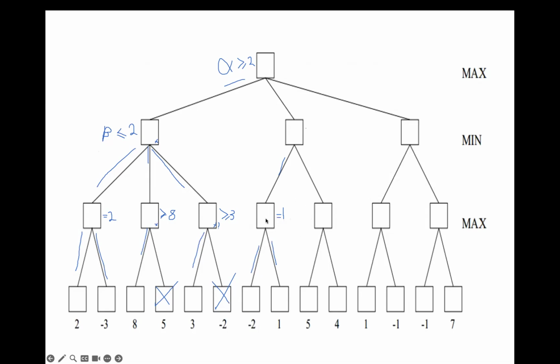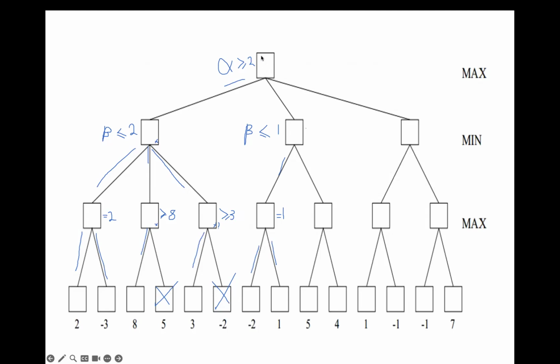Okay. Now, we propagate this value upwards. Because we haven't yet considered what is here, we are only going to put a provision, an estimate here, where we say we are expecting a value of beta to be less than or equal to 1.